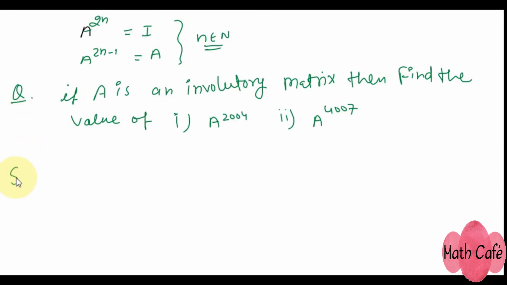So let's proceed with the solutions. Alright, as we know that if A is an involutory matrix, then if the power of A is even, the resultant value will be I, and if the power is odd, then the resultant value will be the matrix itself.